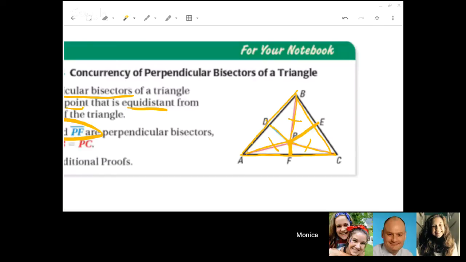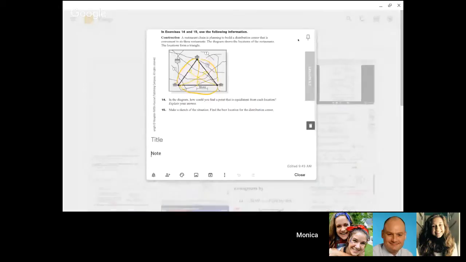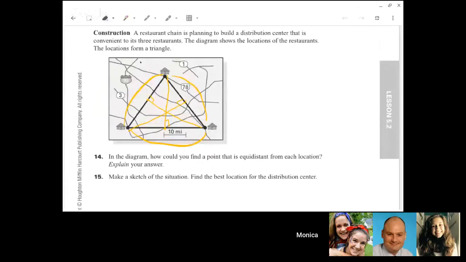Okay, so on this restaurant picture, in the diagram, how could you find a point that's equidistant from each location?